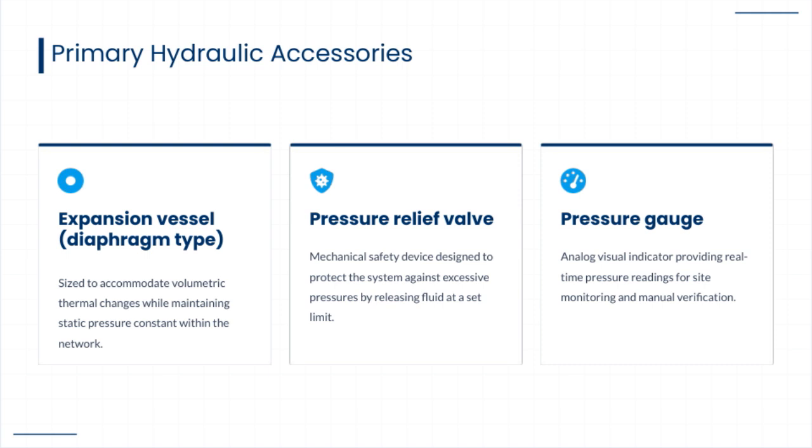This component is sized to accommodate volumetric thermal changes, that is, when the fluid heats up and expands. It maintains a constant static pressure within the network, preventing pressure fluctuations that could harm the system or reduce efficiency. All these accessories work together to ensure our hydraulic system runs smoothly, safely, and efficiently, aligning perfectly with our goal of reliable and effective site management.